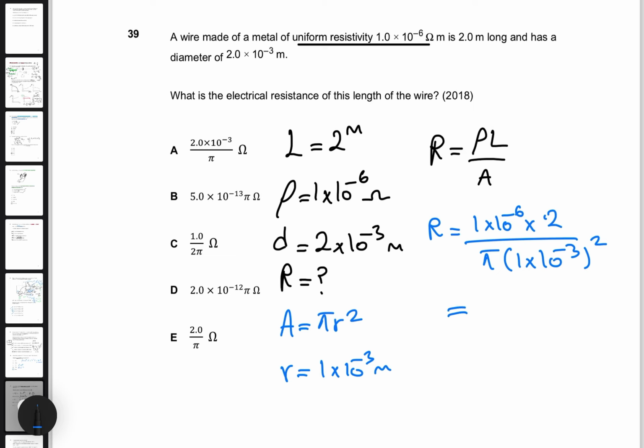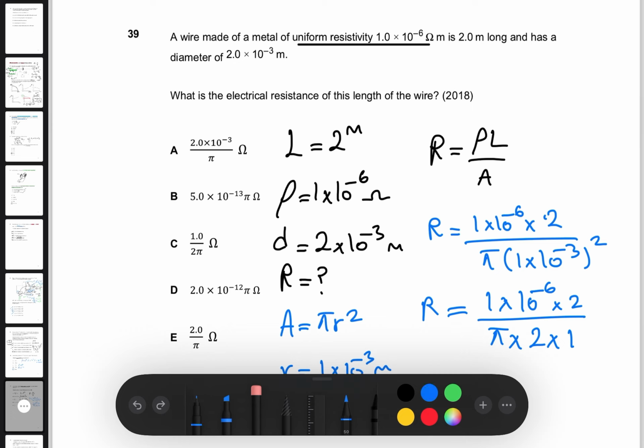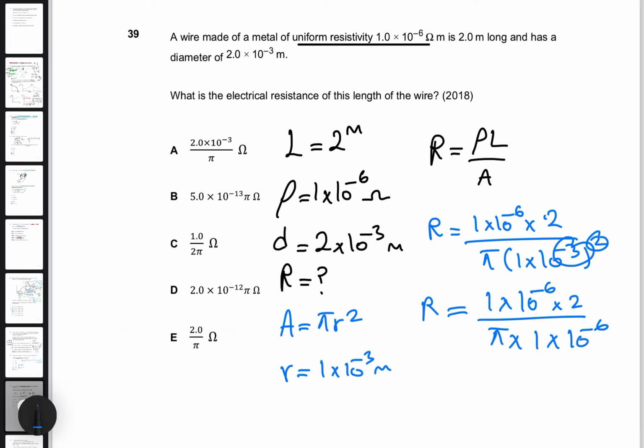Okay, so if we were to find out what that gives us, resistance is equal to 1 times 10 to the power of negative 6 multiplied by 2. And that gets divided by pi times 1, because 1 raised to the power of 2 is still going to be 1, times 10 to the power of, now this negative 3 and 2 gets multiplied, so 10 to the power of negative 6. These cancel out, and you get the resistance is 2 over pi, which makes choice E the correct answer.